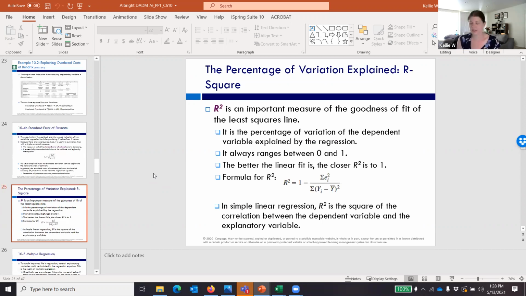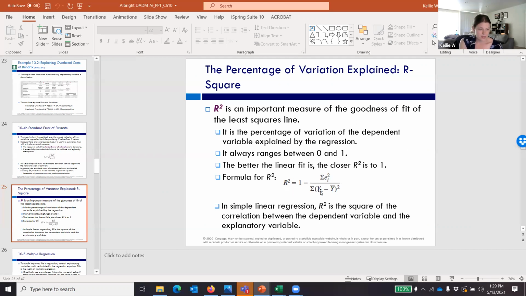R-squared is the goodness of fit measure. It's one of the key things that you'll look at first. It's the percentage of variation in the dependent variable that is explained by the regression. It's always between 0 and 1, and the closer it is to 1, the better the fit.